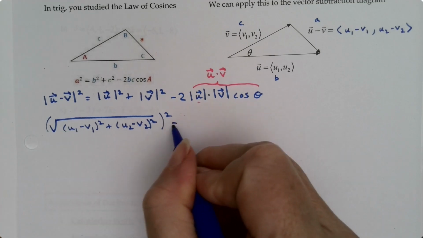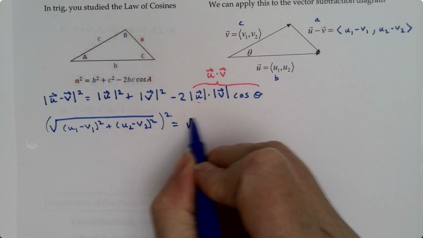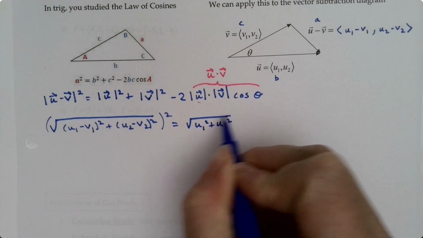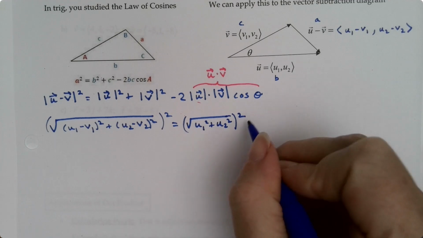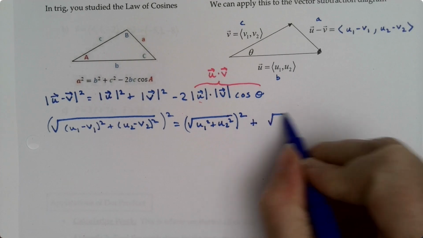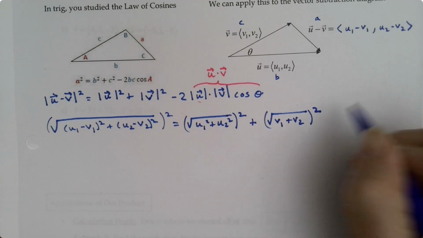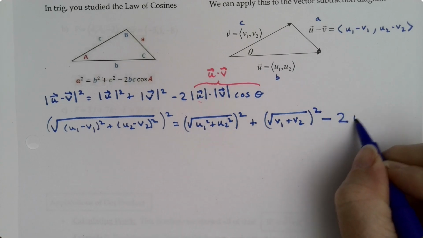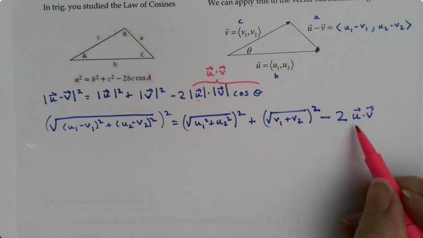And that is equal to the magnitude of u, which is the square root of u1 squared plus u2 squared, and we're going to square that square root, plus the magnitude of v, which is the square root of v1 squared plus v2 squared, squared, minus 2, and then the dot product of u and v. And again, this is the piece we're actually going to solve for.